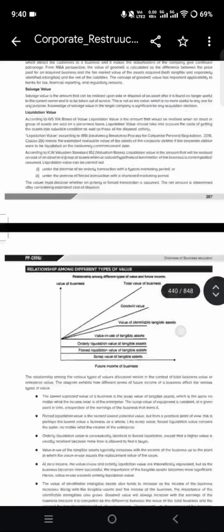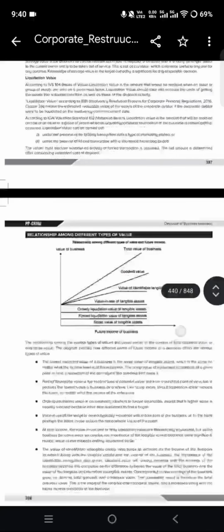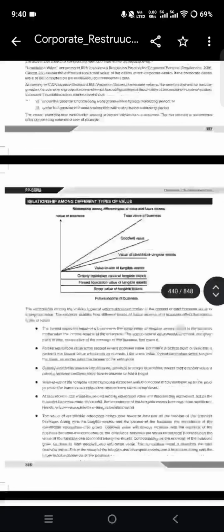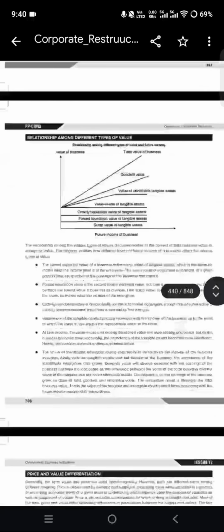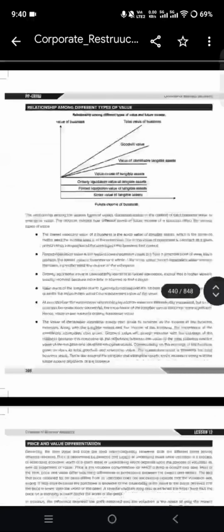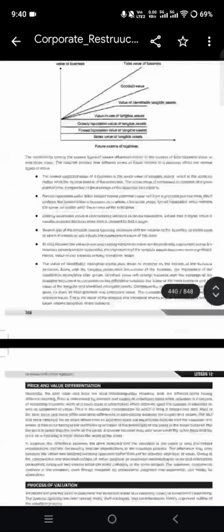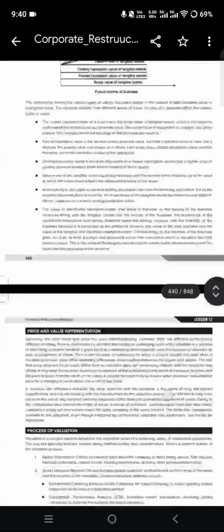So both will go on assets, that is, the balance sheet. And if that is not applicable, it shall be expensed as provided in the accounting statement. It will be expensed to the P&L account, because that much value is not there to carry to the balance sheet, so they will just show it as an expense in the P&L account.